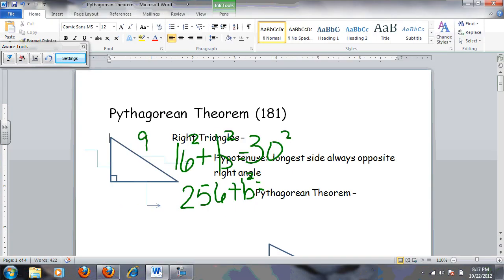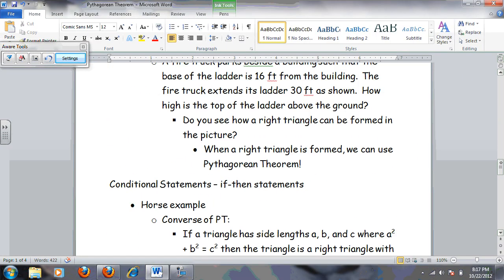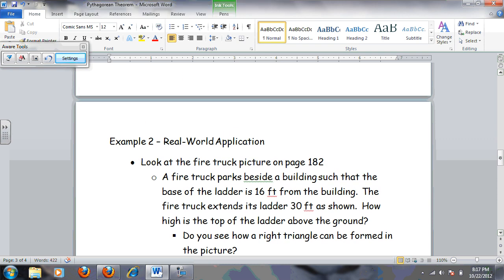As we continue to move on, using this, 16 squared plus B squared equals 30 squared. We have 256 plus B squared equals 900.